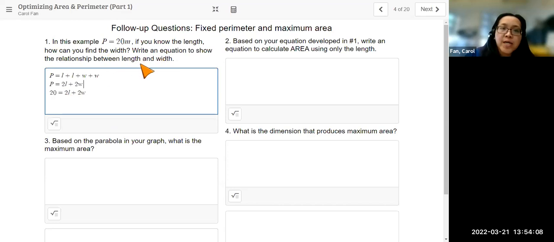So now write an equation to show the relationship between the length and the width. I'm going to rearrange it so that I have W is equal to.